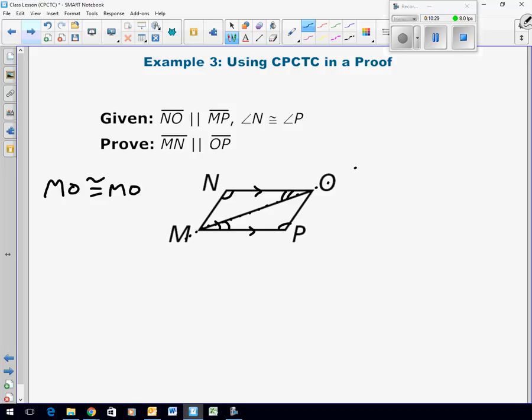Side MO in triangle MNO is congruent to side MO in triangle OPM.